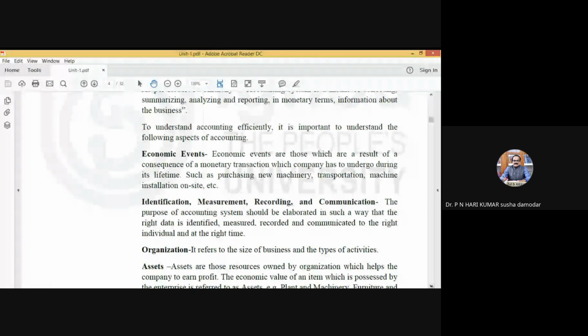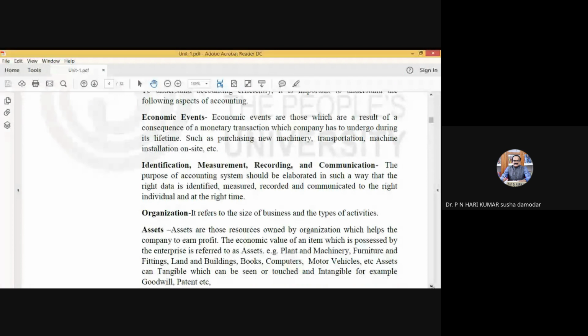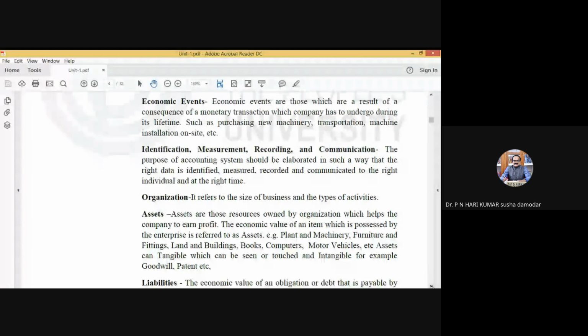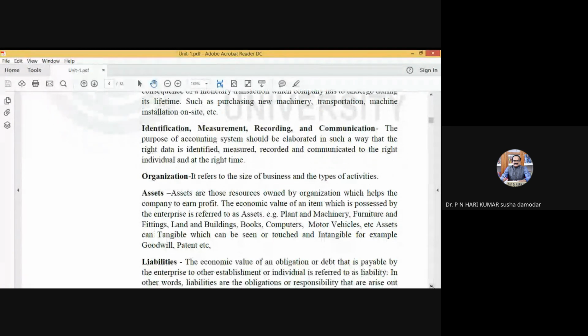Then there will be a result, either profit or loss, either surplus or deficit. Then we have to identify the financial position of a business organization. So it is the responsibility of every manager of a business organization to prepare the financial statement which clearly indicates the profitability and financial position.